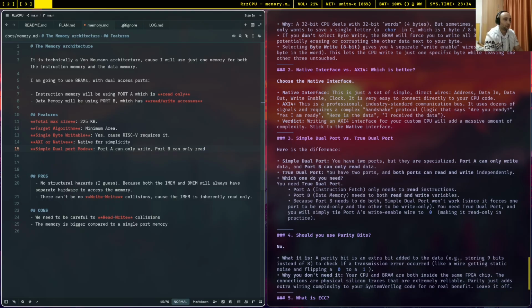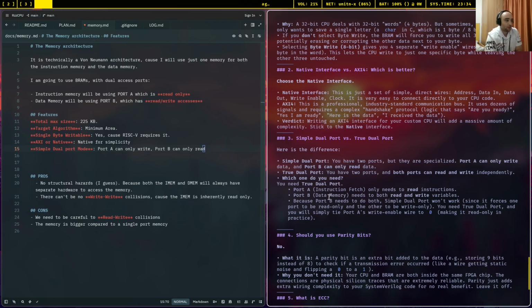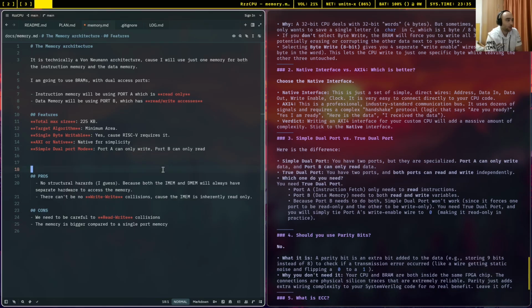A true dual port, both ports can read and write independently. Yeah, which is not ideal, because it is exactly what we want to avoid. Because we want the instruction memory to be only with read access, and the data memory to be both.